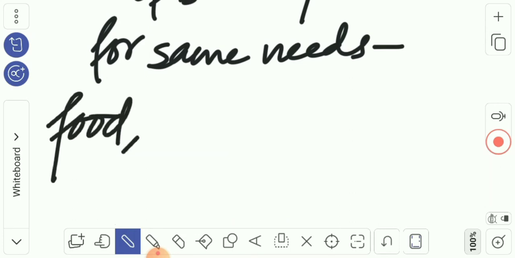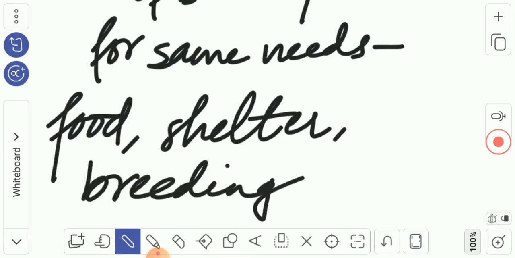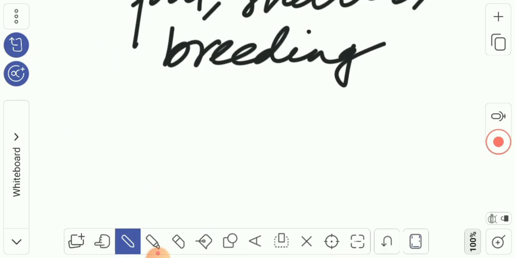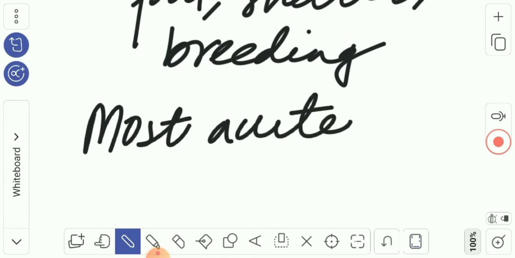Obviously, members of same species will need same food, same type of shelter, and same type of breeding. So that is why a competition is created here, and this is the most acute type of struggle.